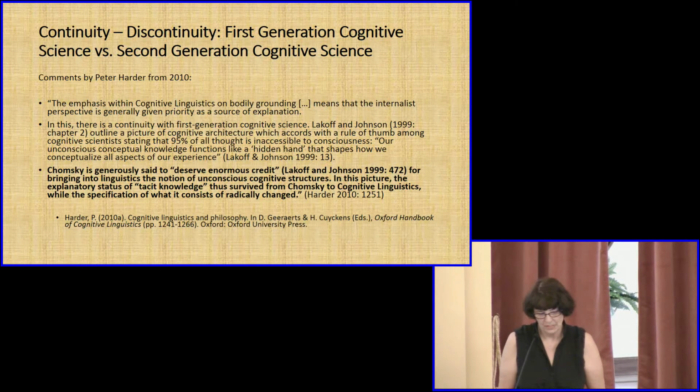Chomsky is generously said to deserve enormous credit, Lakoff and Johnson, 1999, for bringing into linguistics the notion of unconscious cognitive structures. In this picture, the explanatory status of tacit knowledge thus survived from Chomsky to cognitive linguistics, while the specification of what it consists of radically changed.